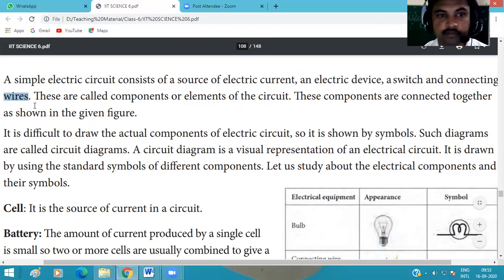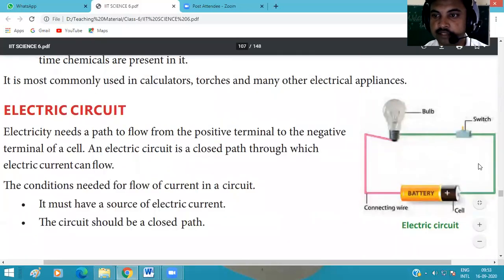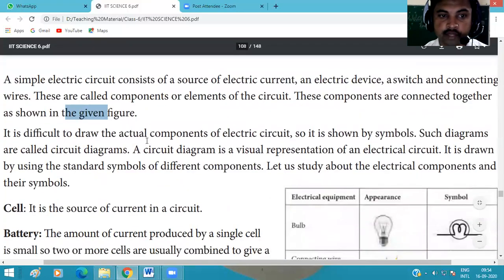These are called the components or the elements of the circuit. These are connected together, as shown in the figure.